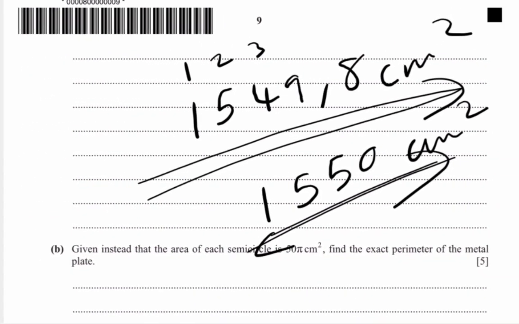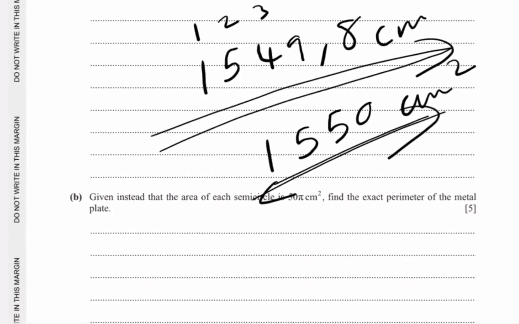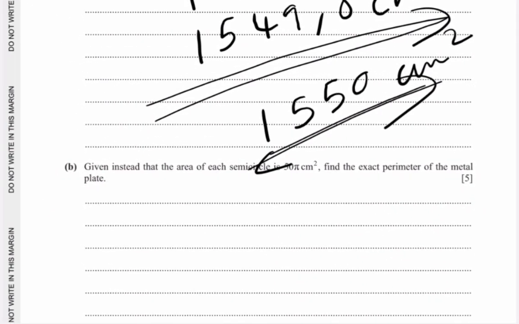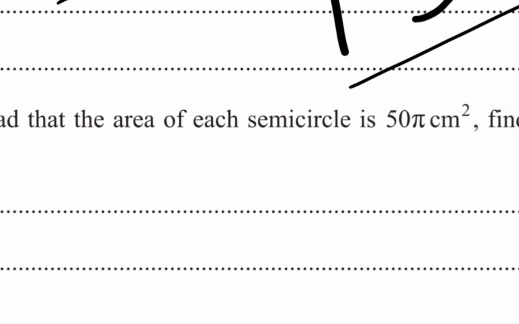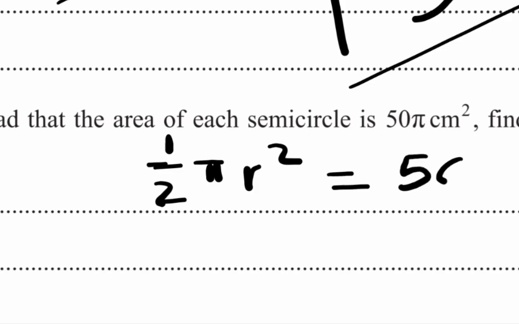Alright, and part B is saying given that the area of each semicircle is 50 pi square centimeters, find the exact perimeter of the metal plate. So if each one of the semicircles is 50 pi, it means half pi r squared for one of those is 50 pi.